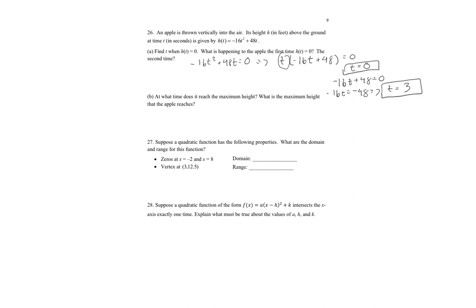And so it asks what's happening to the apple the first time h of t is equal to 0. And so when t is equal to 0, that's the first time, right? When t equals 0, the apple is being thrown. And you can also say from the ground.